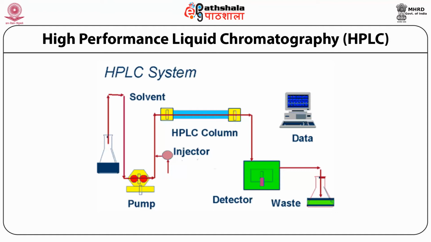Here the columns used are small in size compared to GC, and when we inject the sample, this liquid mobile phase carries the sample throughout the HPLC column where the separation of the species takes place, and after that the detector shows the sensitivity of that particular compound and detects the signal of the contaminants that are present in the sample.